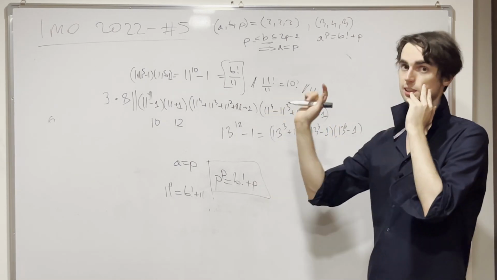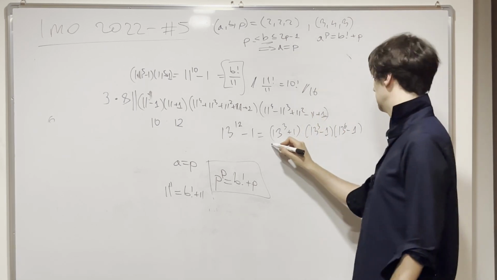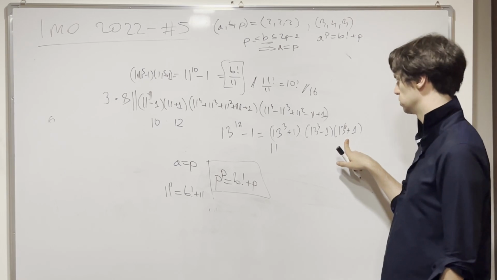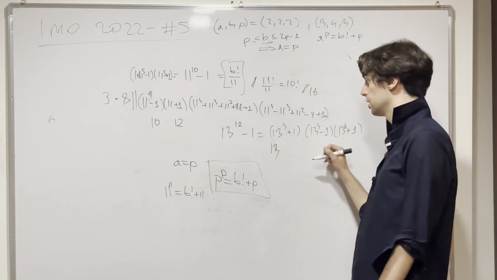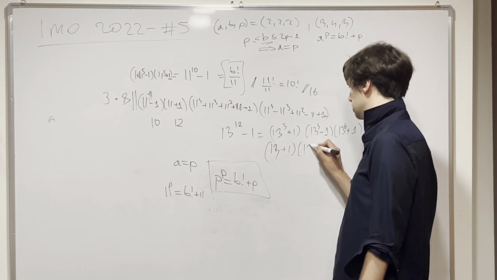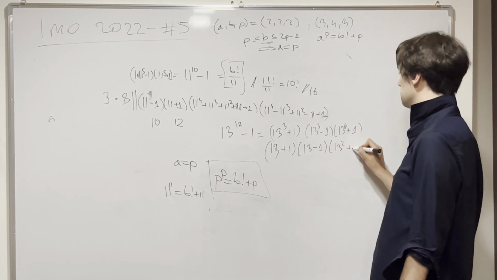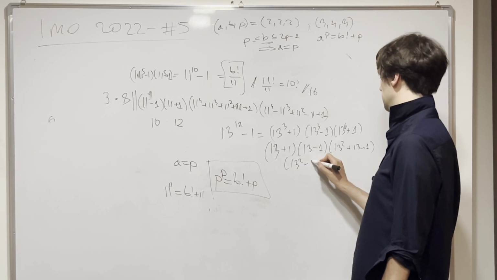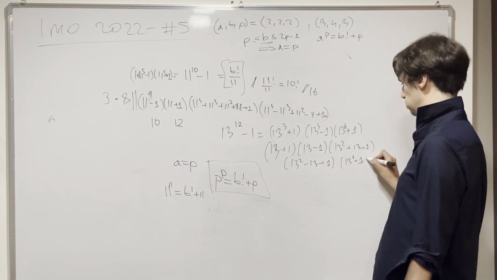I just did a successive application of a difference of squares here. And now this is 13 to the 6th plus 1, and I can't factor this anymore. Now this is 13 plus 1 times 13 minus 1 times 13 squared plus 13 plus 1 times 13 squared minus 13 plus 1 times 13 to the 6th plus 1.